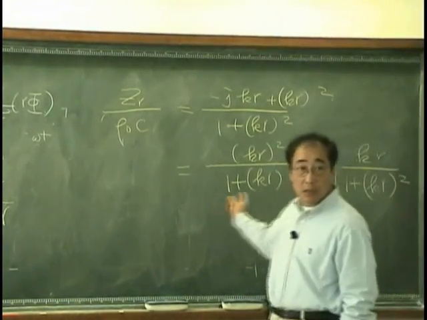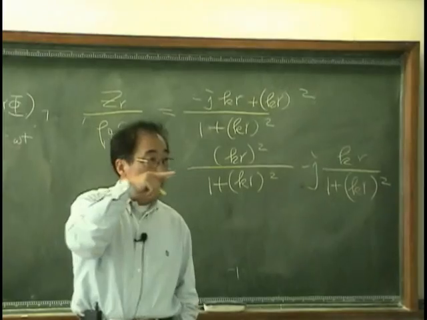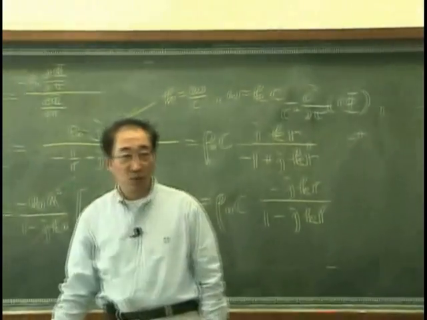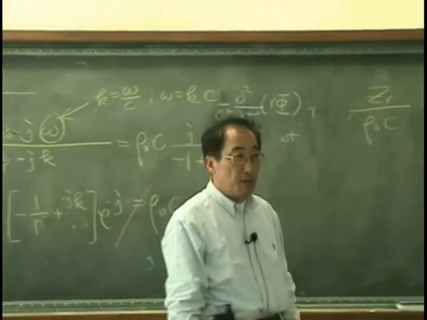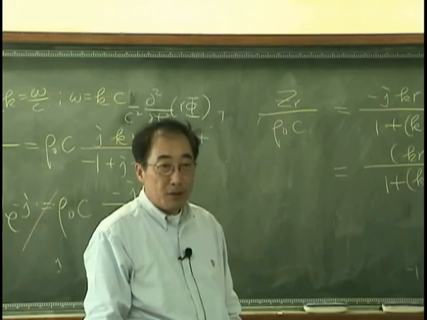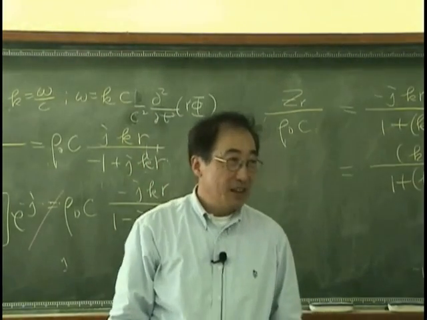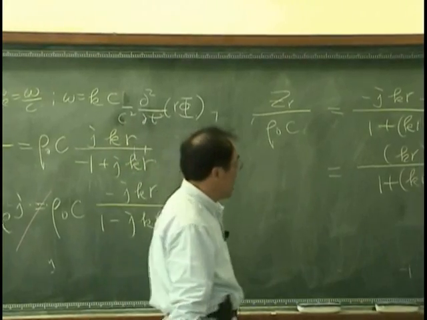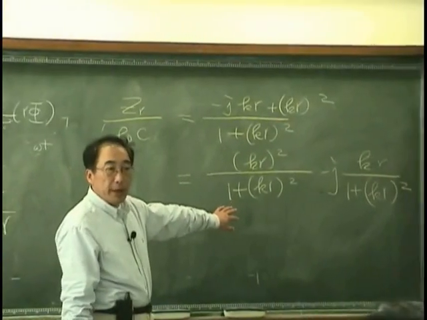Is it minus? Monitor? Okay, thank you. Wow, this is, to me, frankly speaking, first time to not to make any error in deriving those results in 10 years. So I am very happy. So this is the real part.